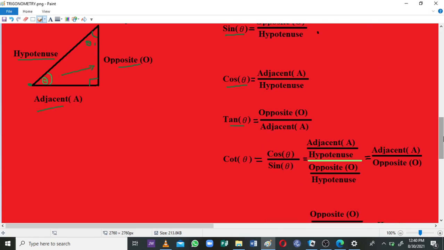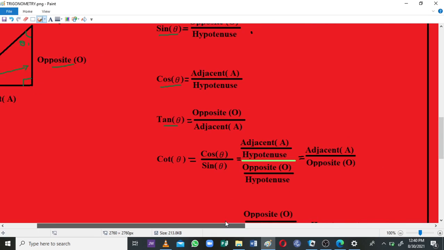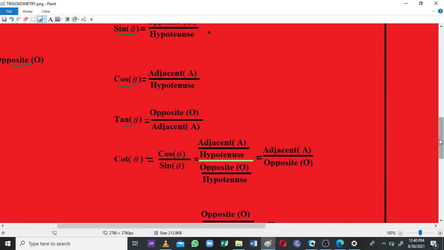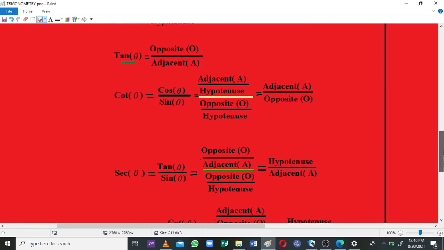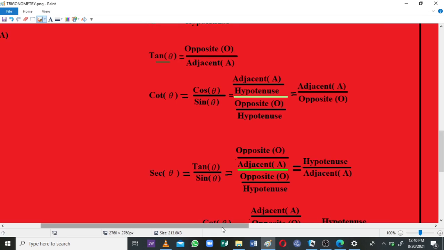We also have the cot theta. I wanted to show you how this is formed. Now look at this. We have the cot ratio, which is what we call the cotangent. Cotangent is equal to cos theta over sine theta.